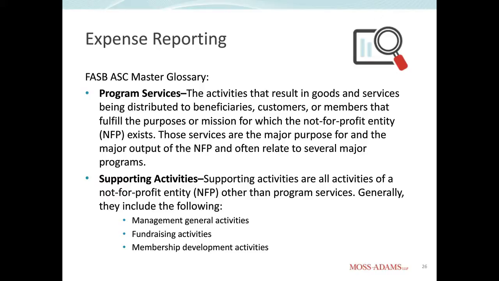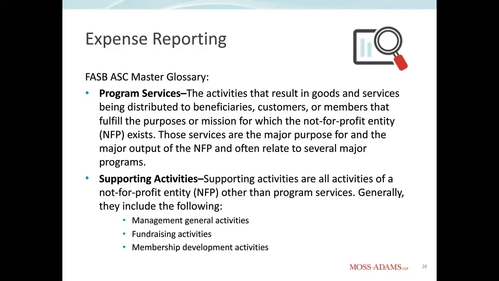An example would be your utility expenses. You have expenses for your heat, lighting, etc., that belong directly to program services, but also some to supporting services. And oftentimes what we see for the methodology in allocating those expenses is square footage.